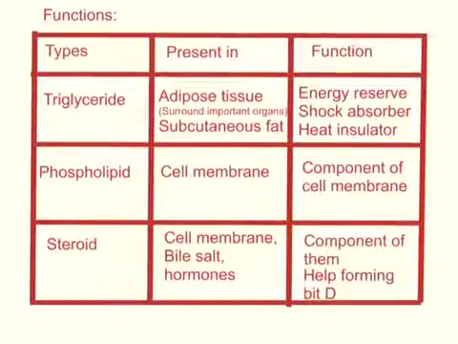This is a table to summarize the functions of the three types of lipids. Firstly, triglycerides serve as an energy reserve, that means stored energy in the body, and as shock absorbers, which act as a cushion to prevent physical harm to your body. And lastly, heat insulator. It can insulate your body so that you avoid being too cold or too hot.